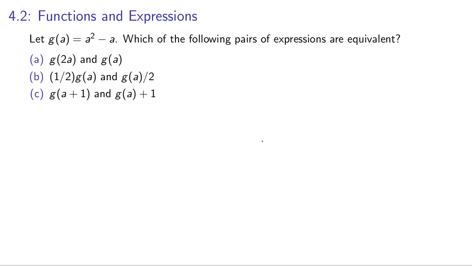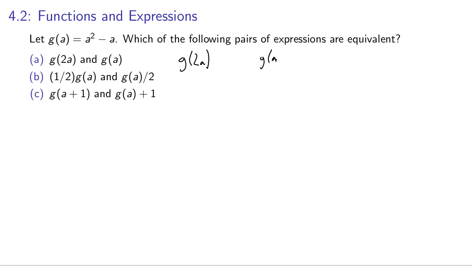So how about another example along those lines? Here let's say let g of a be a squared minus a. Which of the following pairs of expressions are equivalent? A, g of 2a and g of a.